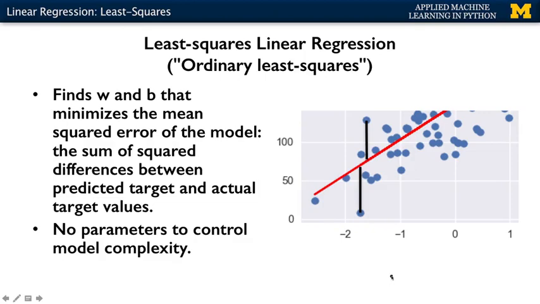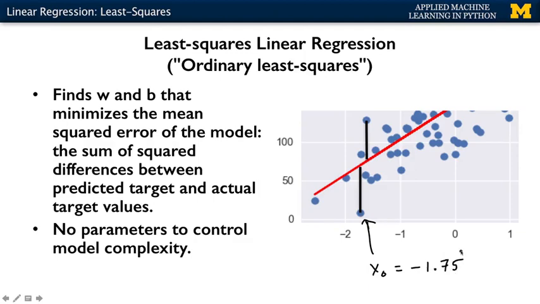And these black lines show the difference between the y value that was predicted for a training point based on its x position and the actual y value of the training point. So for example here, this point, let's say, has an x value of negative 1.75.